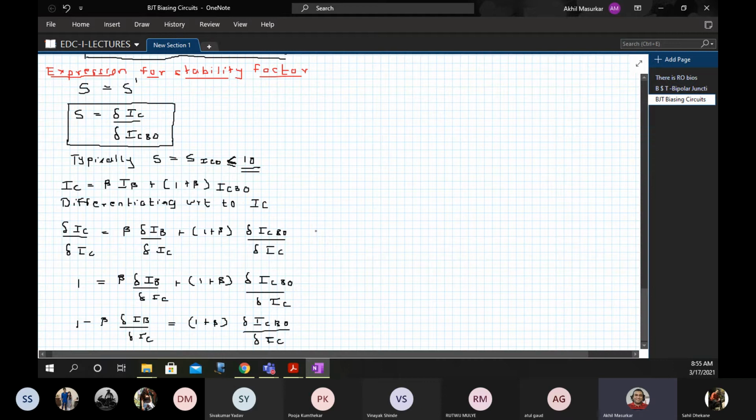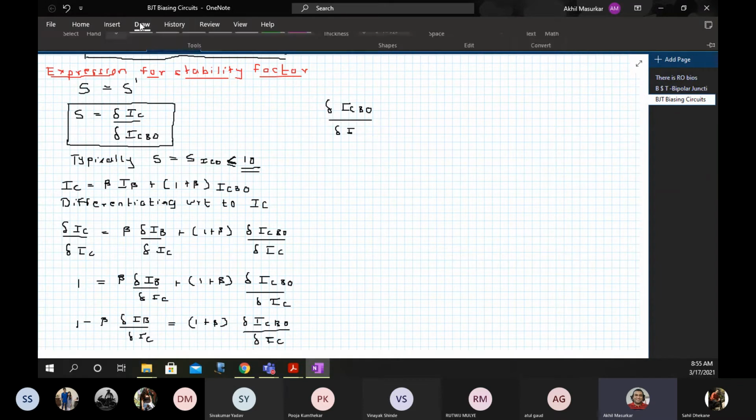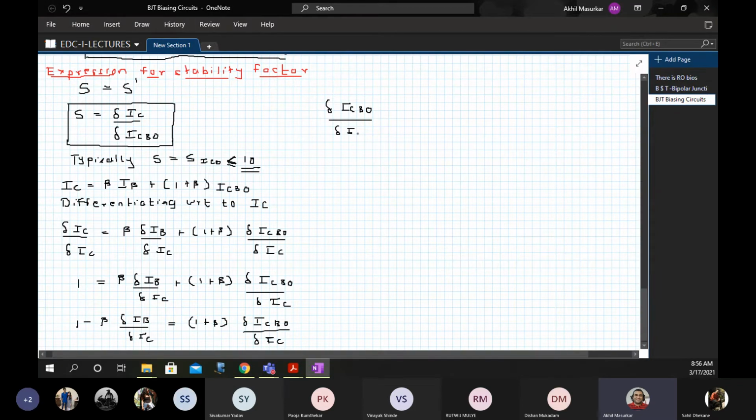So we can write now delta ICBO upon delta IC. This 1 plus beta, I will take it on the left hand side. It is equal to 1 minus beta into delta IB upon delta IC upon 1 plus beta.